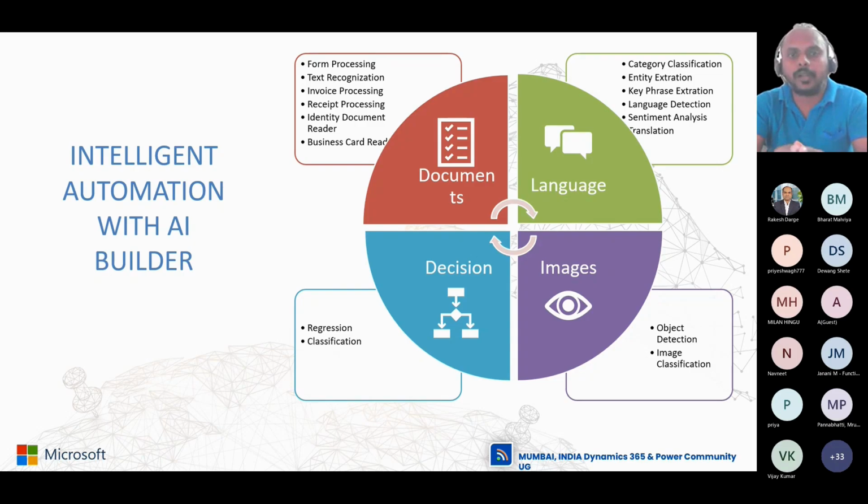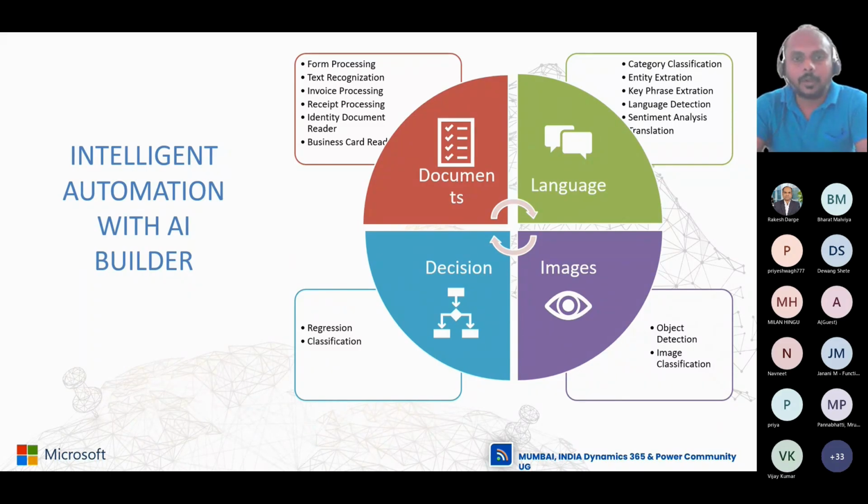So these are pre-built models available, which we can utilize along with our Power Platform as a part of document automation. On the language side, we can do category classification or extract entities, get key phrases, language or sentiment analysis, or translate a document as well. So these are also models available which we can utilize. For images, there are models like object detection or image classification.